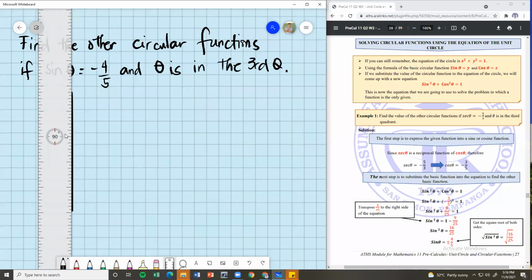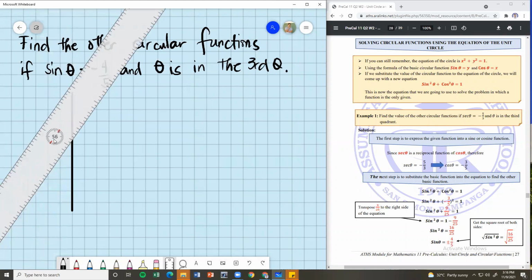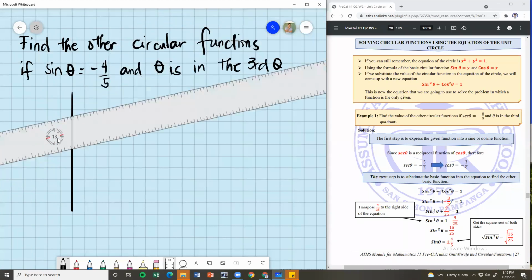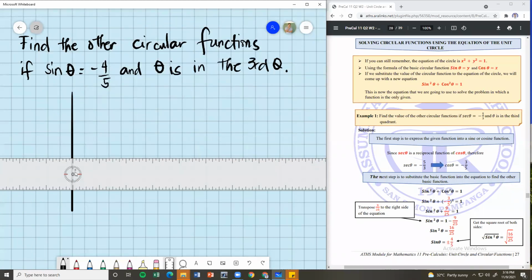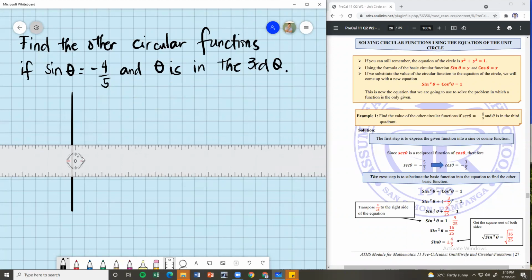Linawin muna ang isip. Last na to. Since last na to, sulitin nyo na. Kailangan nyo lang mag-drawing ng ganyan.